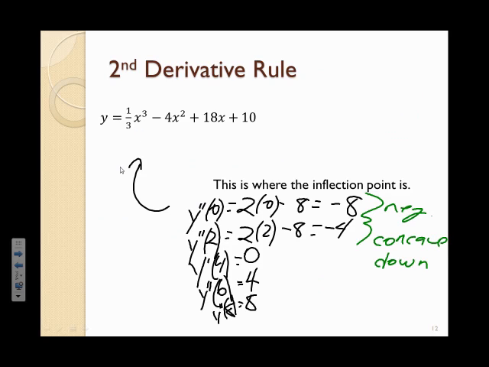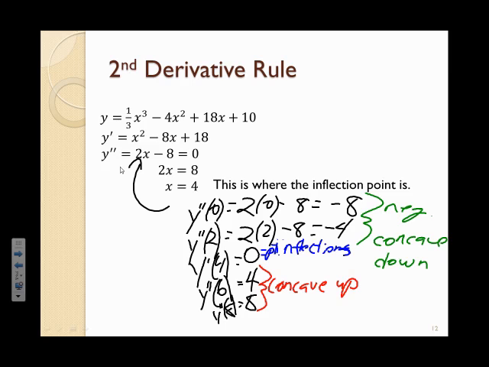And at x equals 4, we have the point of inflection, singular. And when the second derivative is positive, it's going to be concave up. So that's how we can apply it to these different things.